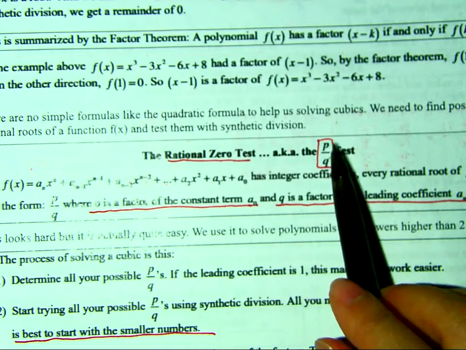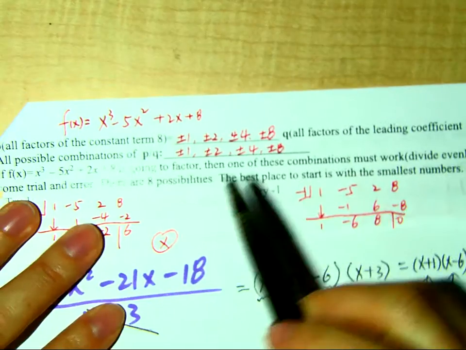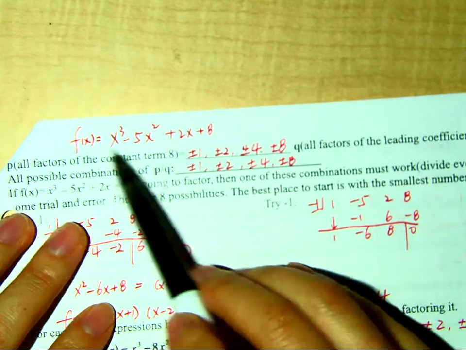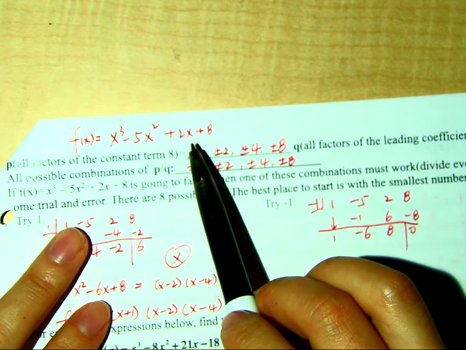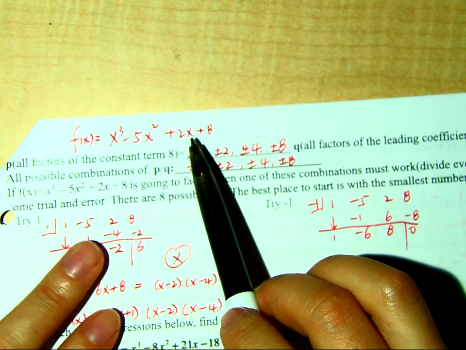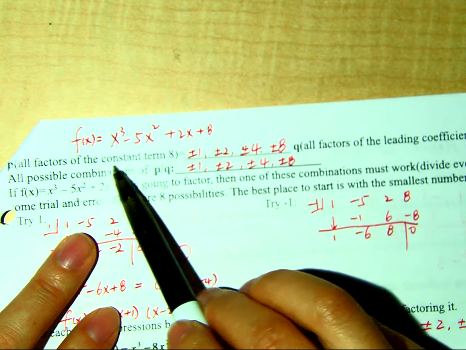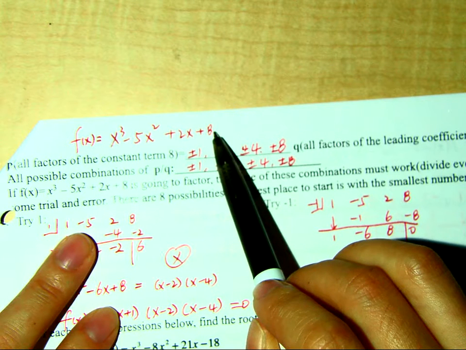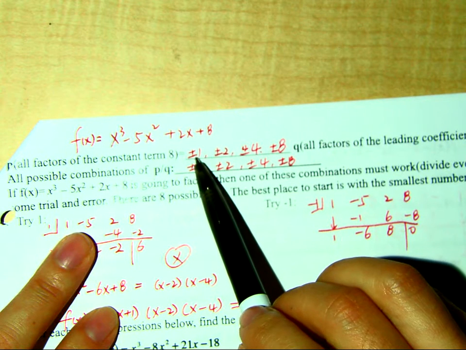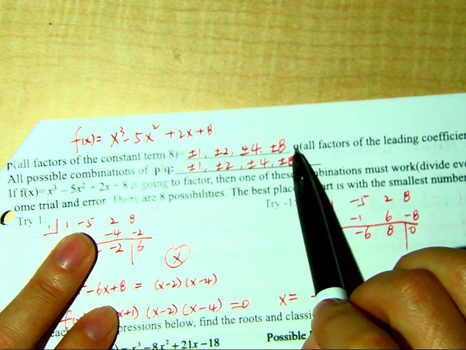And what's P? Okay, example. For this function, if that function is given and asks you to solve for x, the P is all the factors of the constant number 8. So when we factor this number 8, we will get positive negative 1, positive negative 2, positive negative 4, and positive negative 8.